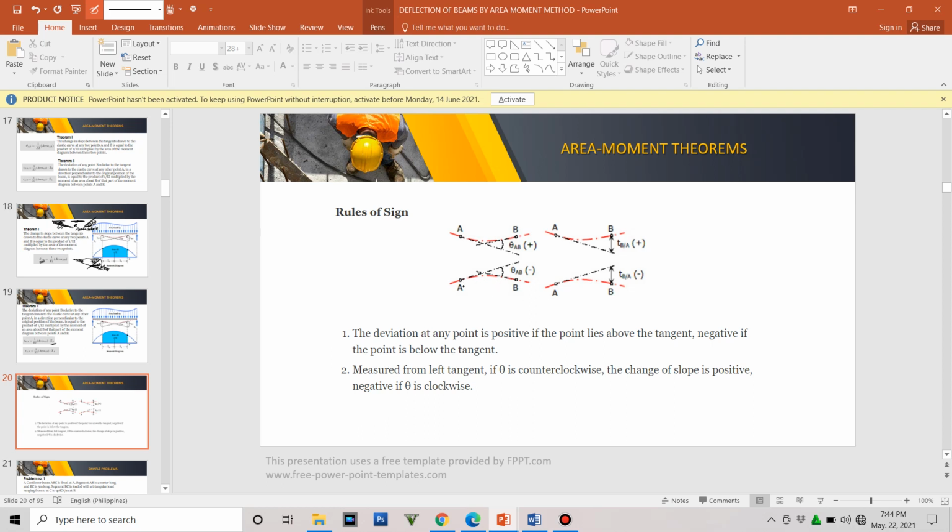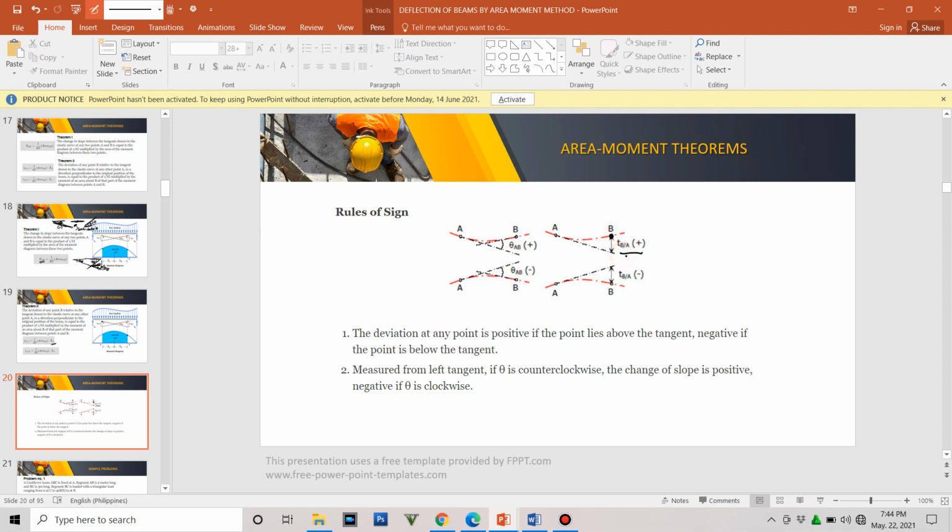So, itong tangent line na to, kung yung point mo is above the tangent line, the deviation at any point is positive if the point lies above the tangent line. So, ito yon. Kung ito yung tangent line mo, okay? Ito yung tangent line mo, no? At ito yung point, ibig sabihin, yung point na to is above the tangent line.